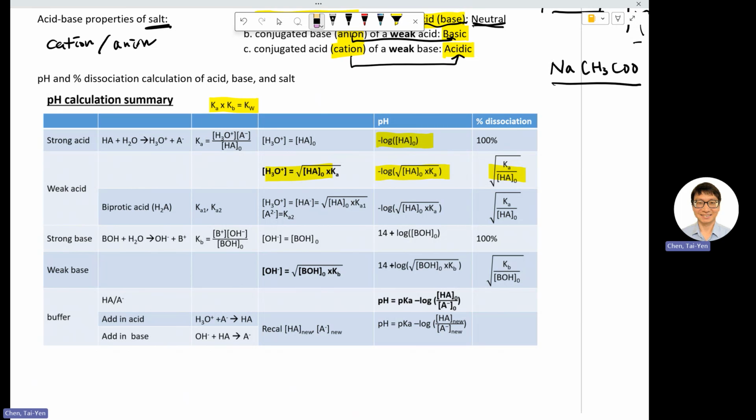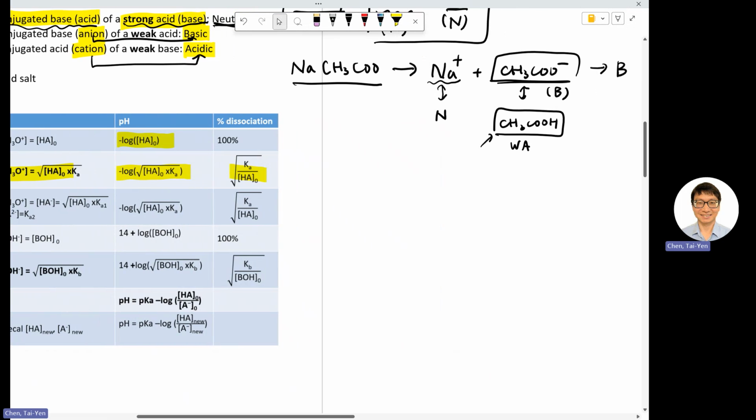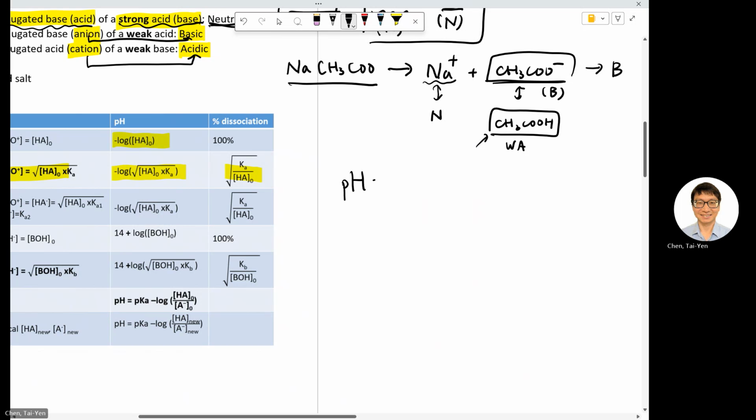So the first concept that we need to understand is the definition of pH. The P stands for negative log. Let's actually see what P means. It's always negative log. Later on you will learn pKa and pKb, it's the same P. What it means is negative log.